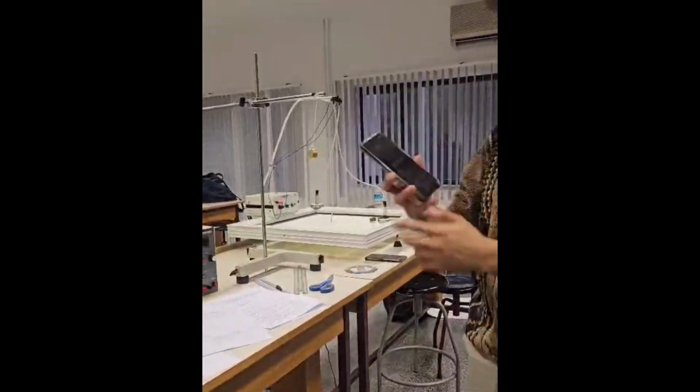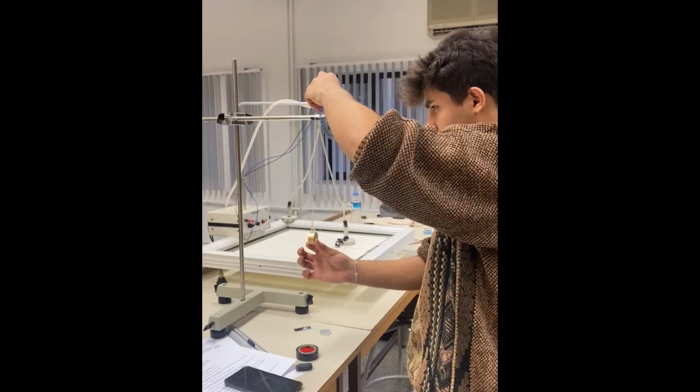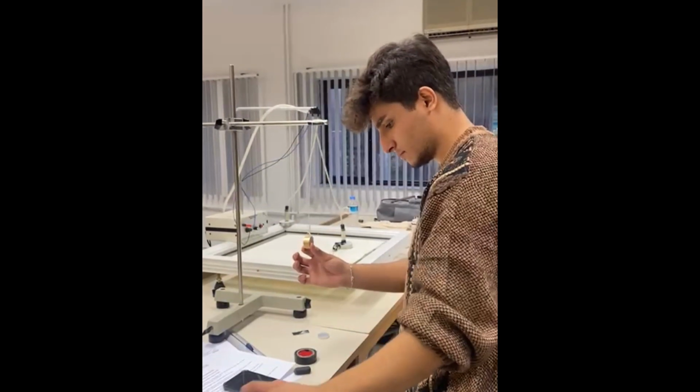In part 3, I changed the length of the string and looked at its period accordingly. That is the result for it. Here you can see the data table for the 0.15 meters string. Here I changed the length of the string to be 1.3 meters.